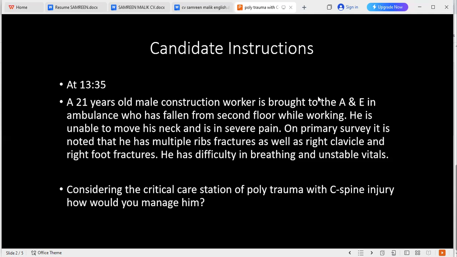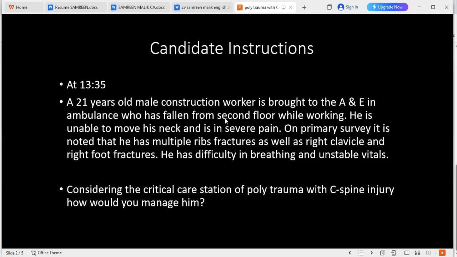Which class? I will return to the stem. The patient has unstable vitals, so he is in the third or fourth stage of shock.